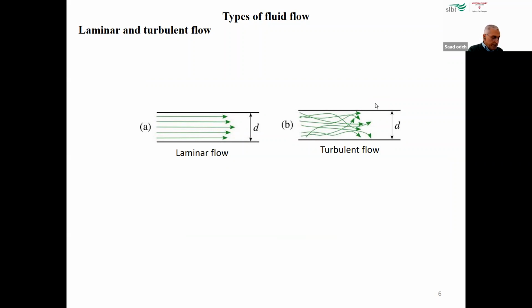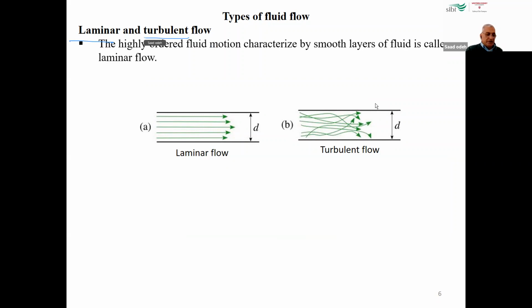One we call laminar, the other turbulent. The laminar flow is highly ordered fluid motion. As you can see here, it's all in the same order and smooth layers. We call it laminar flow.